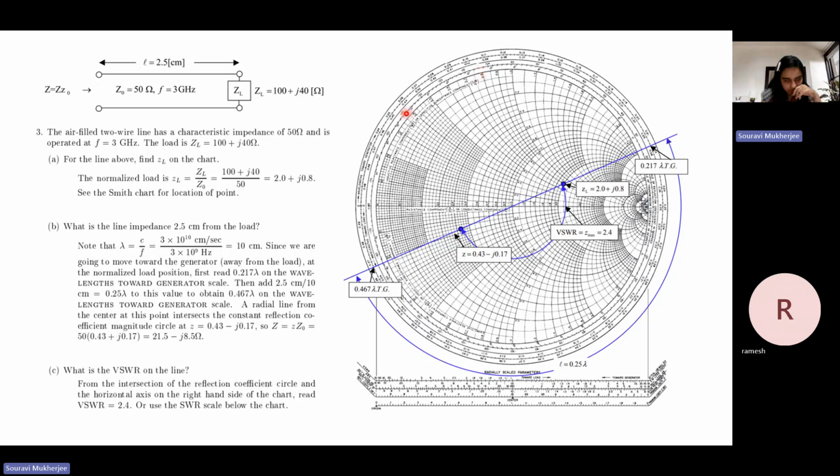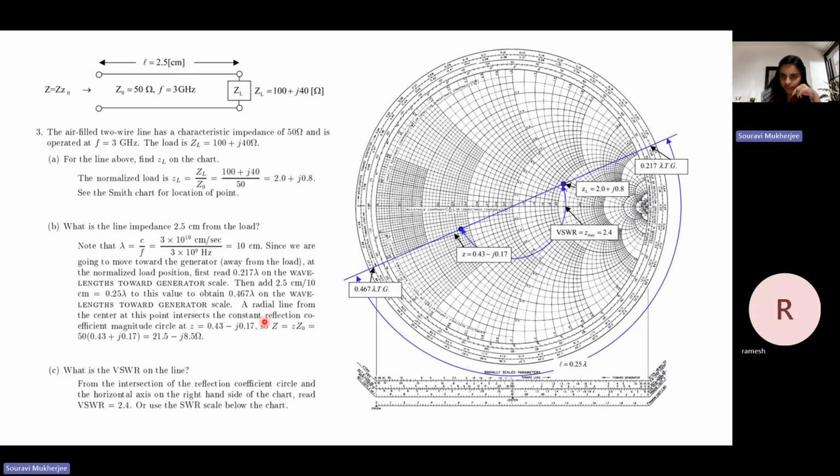This is the position of your load. Okay, you have to extend it further, see where it cuts the wavelength towards generator scale. Okay, and then go clockwise by a 0.25 lambda distance. It reaches here. Okay, if you draw a circle with this radius, see where that circle intersects this line, and that will be your load at this distance. Okay, so that's how you can find.